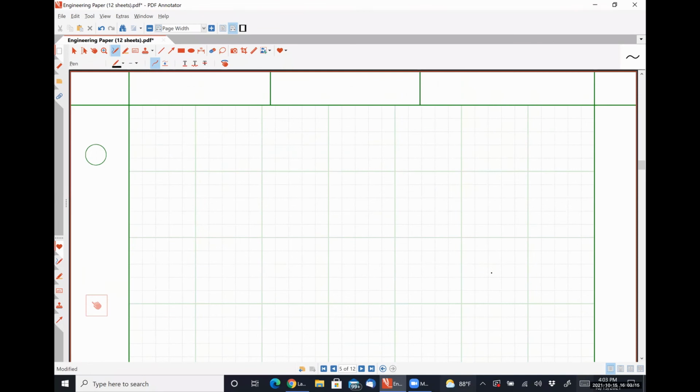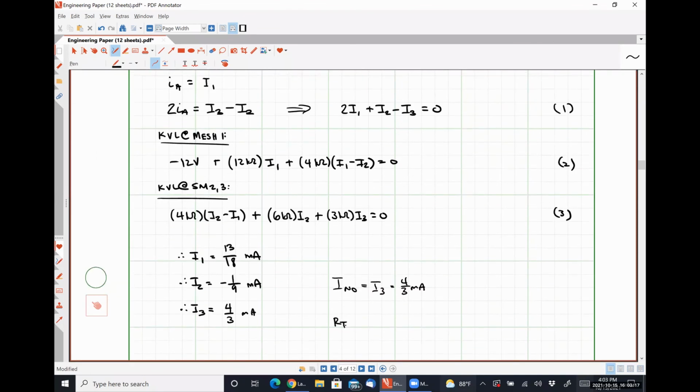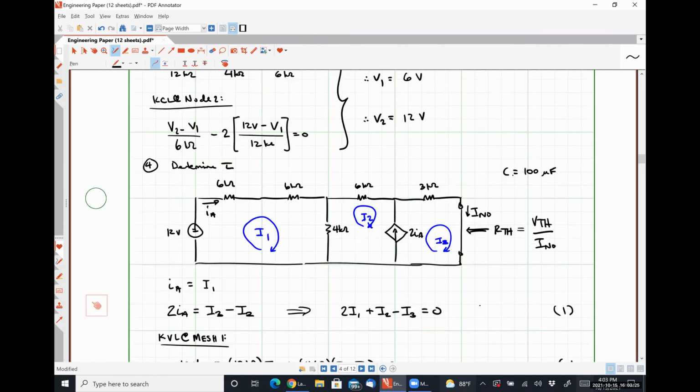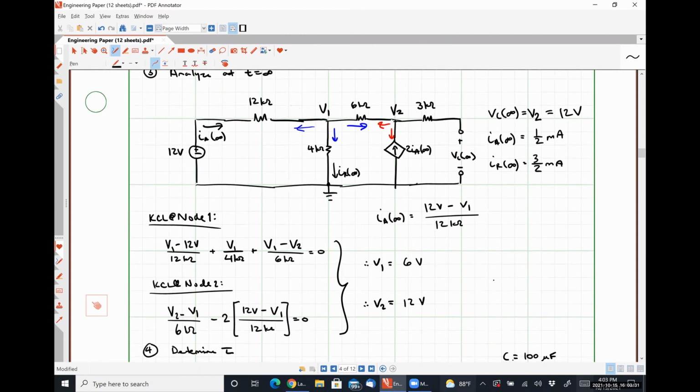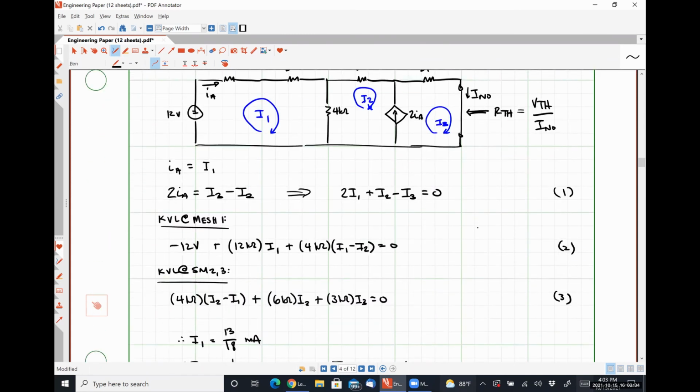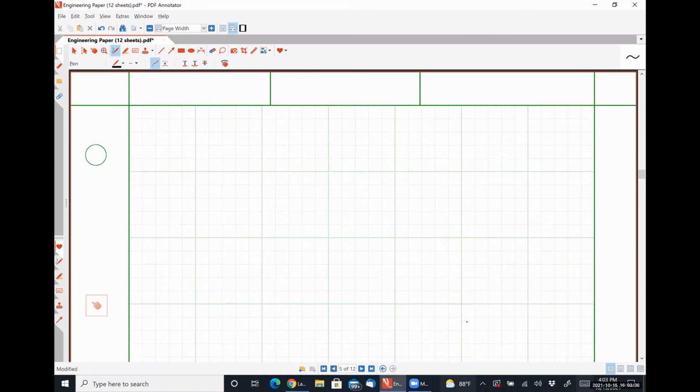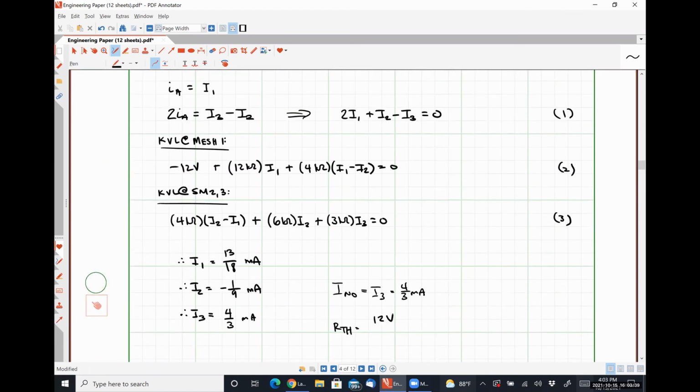And from this, R Thevenin will be our open circuit voltage from T at T is equal to infinity, which I believe we found to be 12 volts, over 4/3 of a milliamp. So let's see, that'll be 36 over 4. So I think that is going to be 9 kilo ohms. My math is correct.